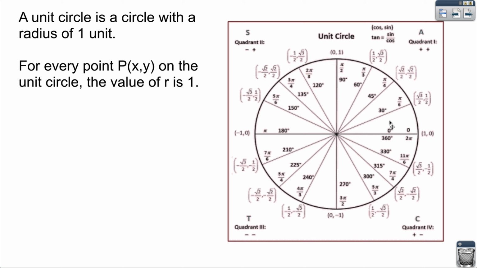For example, the 30-degree measure corresponds to a pi over 6 radian measure. In the same manner, 120 degrees corresponds to a 2 pi over 3 radian measure, and so on and so forth. So we figured out the degrees as listed on our unit circle, as well as the radian measurements.